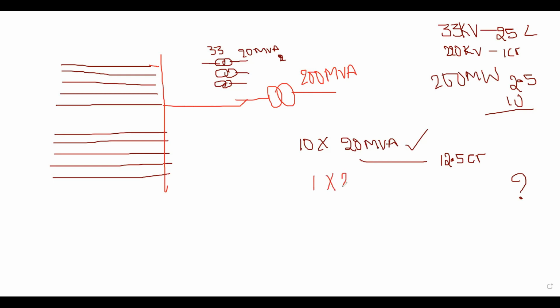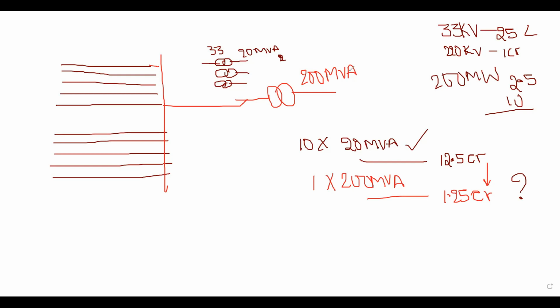One 200 MVA transformer will cost you again 25 lakhs plus 1 crore, so it is only 1.25 crore. A very high drop in the capital cost.